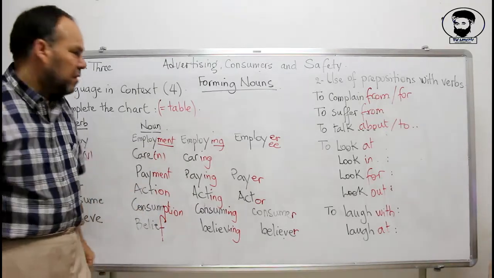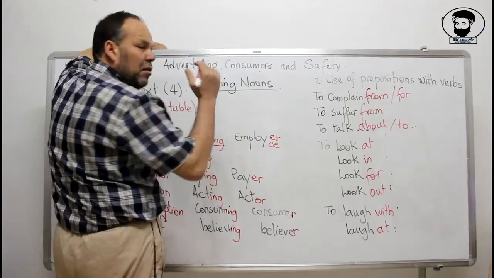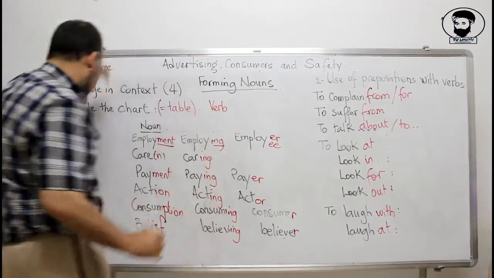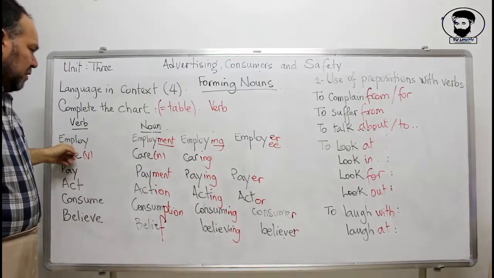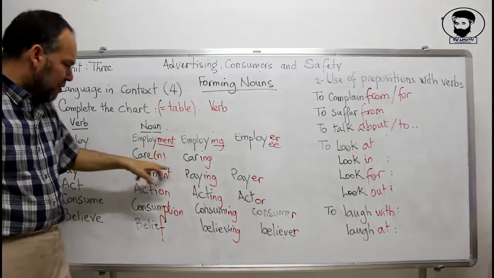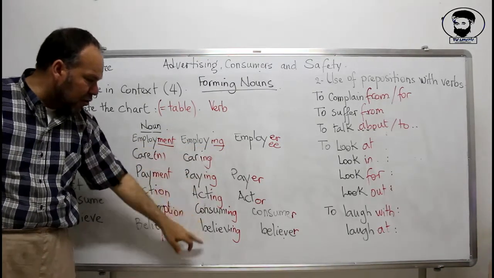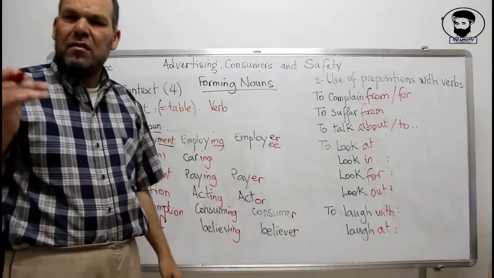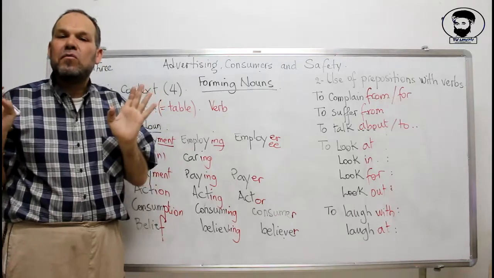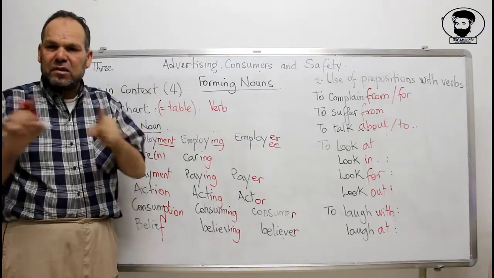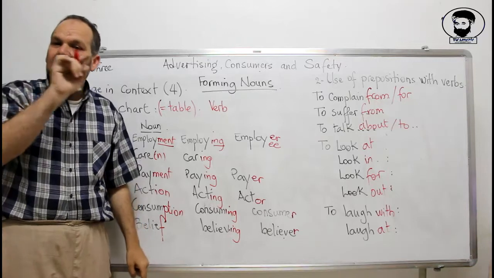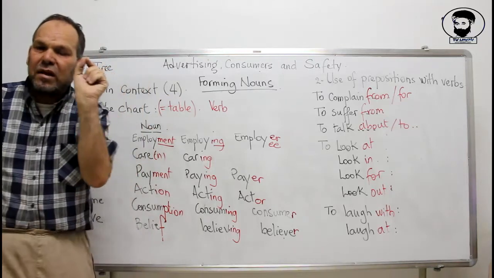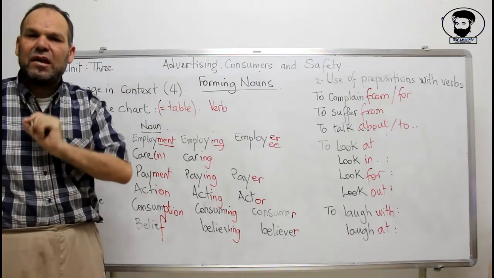Now let's make a rule. Some verbs, not all the verbs, take some endings, but ing we add to all the verbs. So this is common to all the verbs. Any verb in the back exam that you don't know the noun of, for example when you have to complete the table with noun, verb, adjective, and they give you the verb but you don't know how to derive the noun, you write the verb and add ing, and you get the noun.